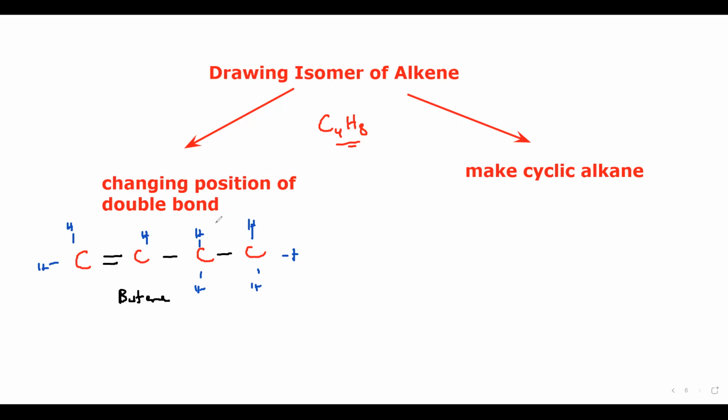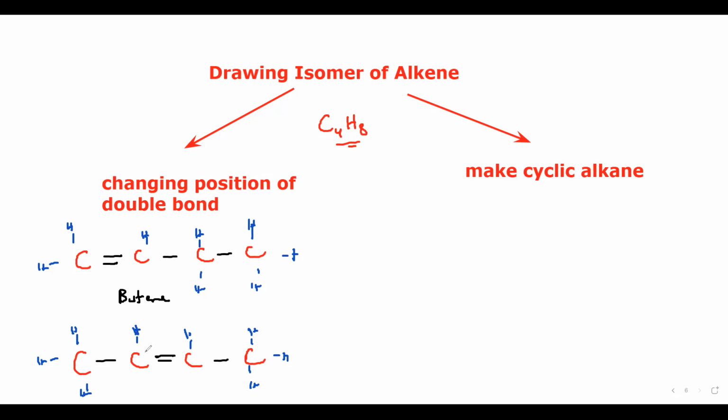Now if we want to draw the second isomer, we can change the position of the double bond. The double bond was between first and second; now we'll make it between second and third, and the rest single bonds. Then we put hydrogens. The last one will have 3 hydrogen. The center ones, left and right with the double bond, will have a single hydrogen, and the rest will have 3 hydrogen.